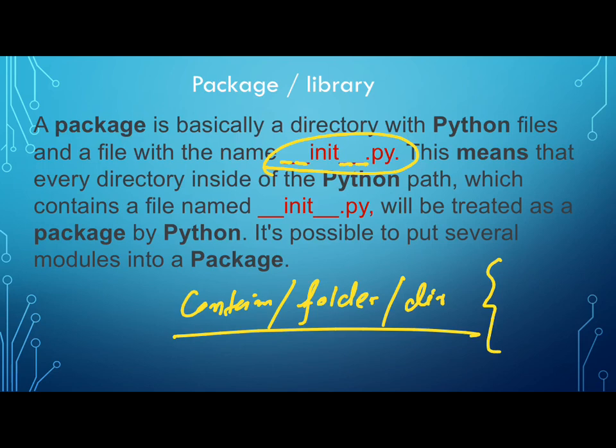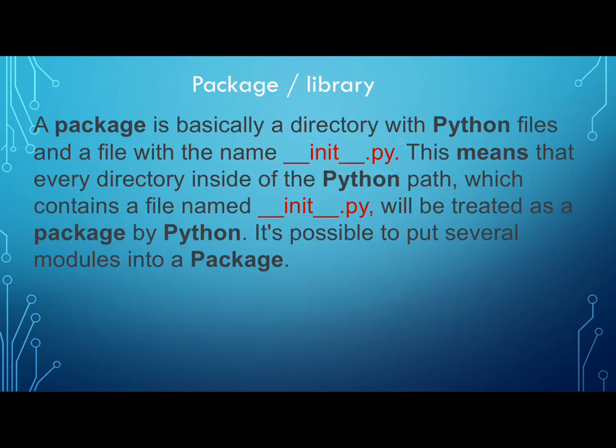But basically these are two underscores, then init, and then dot py. This file should be there. It means we will create this file with this name. Then this particular folder will be treated as a package.